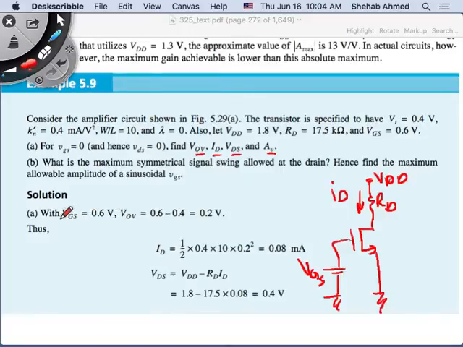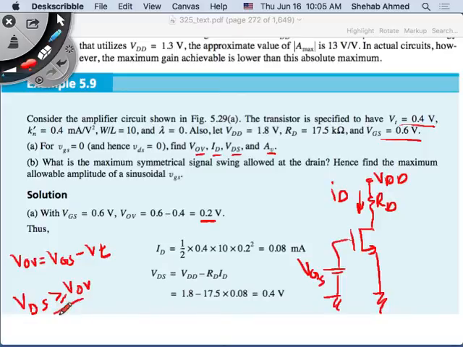With VGS being 0.6, they gave us the gate to source voltage, and they gave us my threshold. So I know that the overdrive voltage is equal to what? The gate to source minus my VT, right? Why is this important? Because this is going to define the boundary. Remember, to go into saturation, VDS has to be greater than or equal to overdrive.